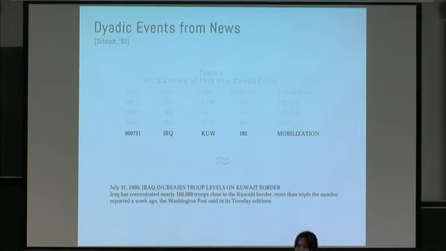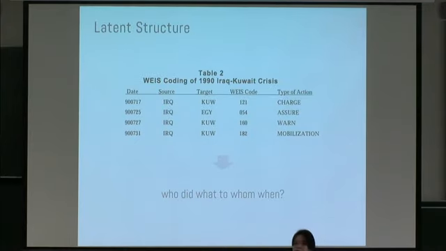So back in the dark ages, researchers extracted events manually, often by training student coders to apply a set of coding rules. Then, having curated a database of such events, they could then sift through the data to find latent structure connecting particular sender countries, receiver countries, action types, and time steps.